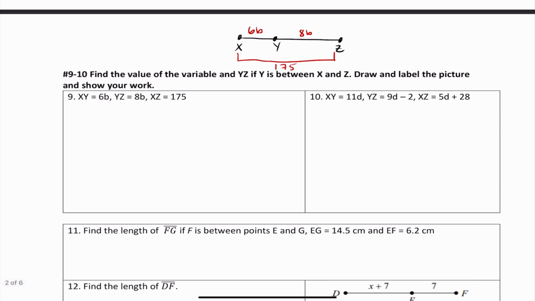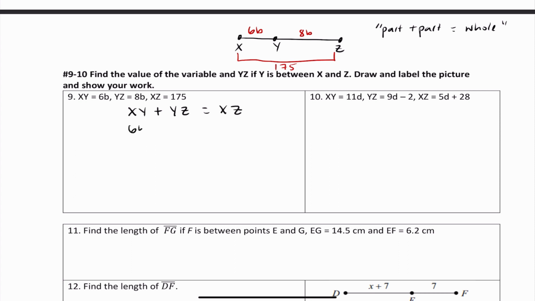Now what I'm going to do is apply that part plus part is equal to a whole. I'm going to say that xy is that part plus my other part is going to give me xz.